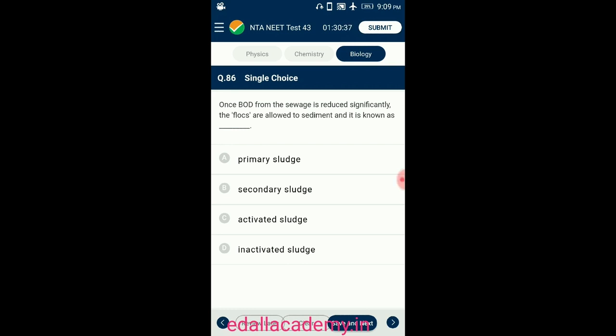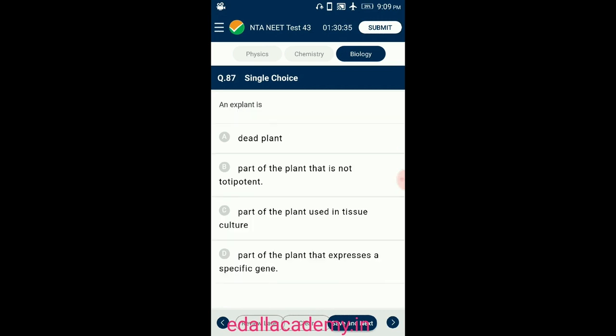The answer for this question is option C, activated sludge. Question number 87. An explant is any part of the plant taken out and grown in a test tube under sterile condition in a special nutrient media. The answer for this question is option C, part of the plant used in tissue culture.